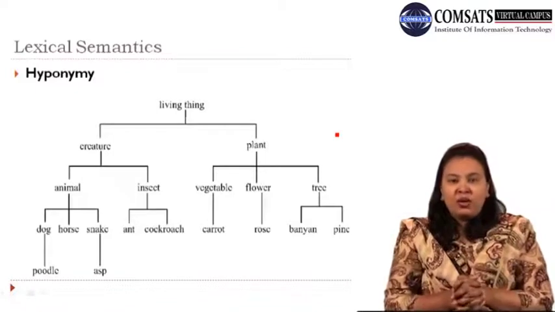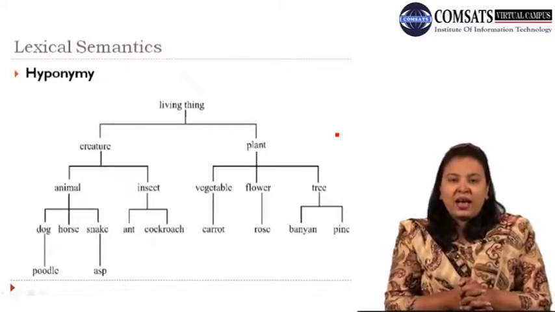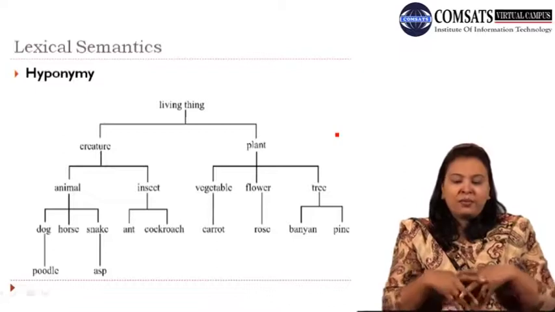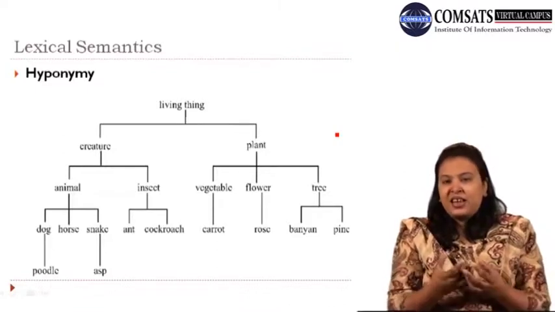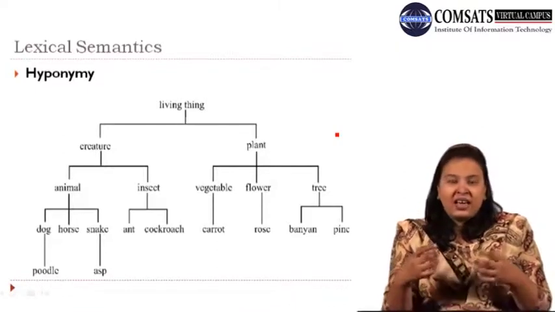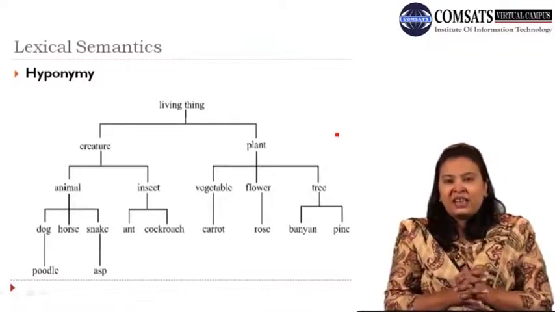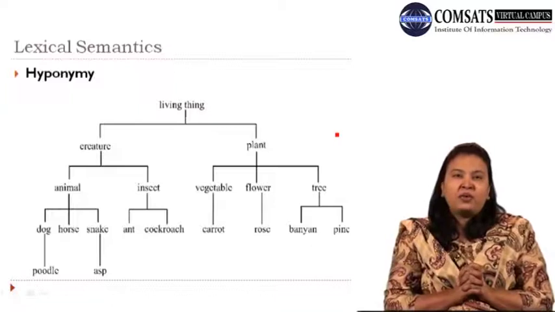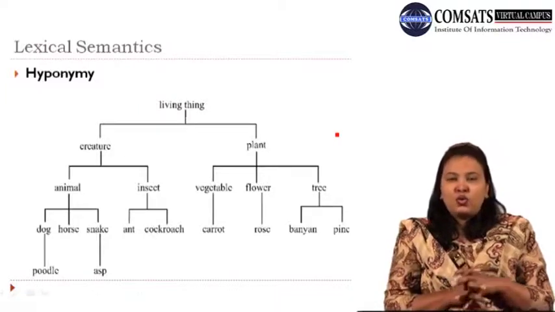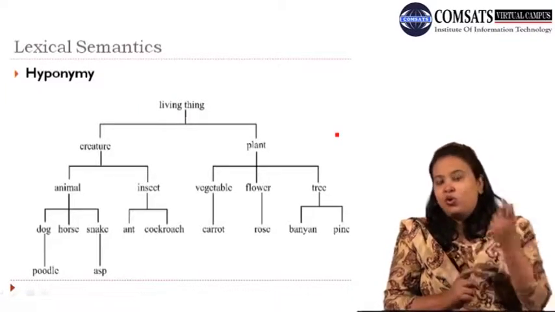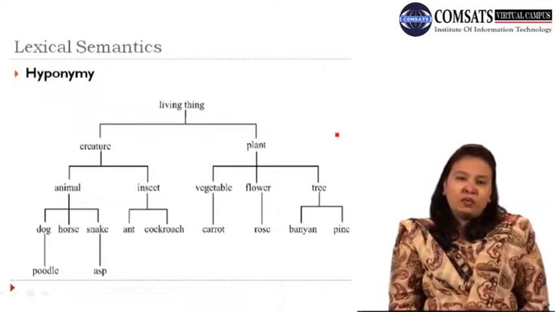Like we have poodle, we can have bulldogs, we can have Russian dogs. Similarly, snake: inside the snake class we have another type of snake known as asp. We have types of snakes like cobras. We have types of snakes like rattlesnakes. So the words that belong to one class have a relationship of hyponymy with each other.